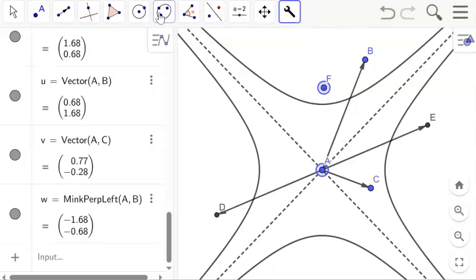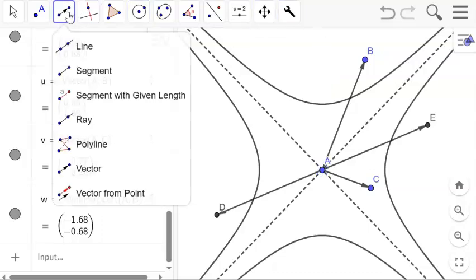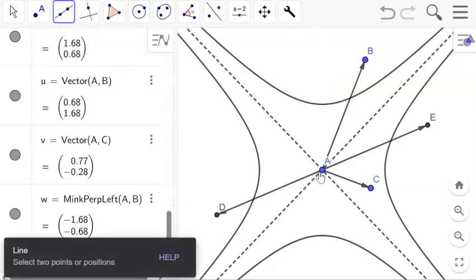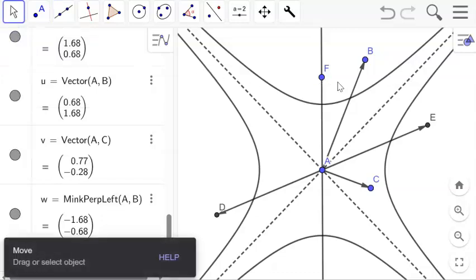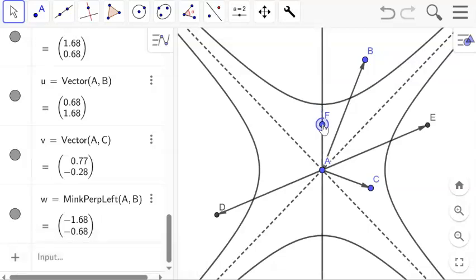Let's actually go back. No, let me create that line first. Let me just get the line first real quick. Okay, so let's just say it's vertical, so it's going to look more intuitive there. But I want to make sure that that's kind of not in the way. Let's make the line pretty close to vertical and determined by F. So that will be the projection line, and then we'll move it in a minute.